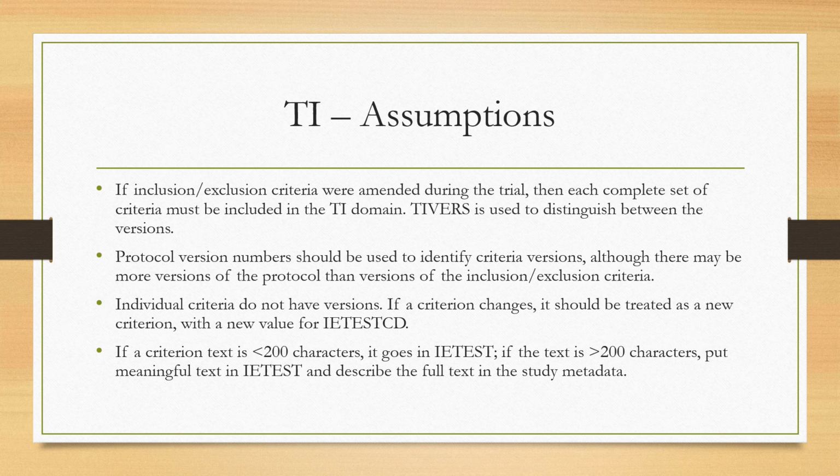But if the text is greater than 200 characters, then we put a meaningful test in the IE test variable and describe the full text in the study metadata. Study metadata is mentioned in your SDRG, where we can mention the complete text of the inclusion exclusion criteria. But in the SAS dataset, we can only put up to 200 characters.